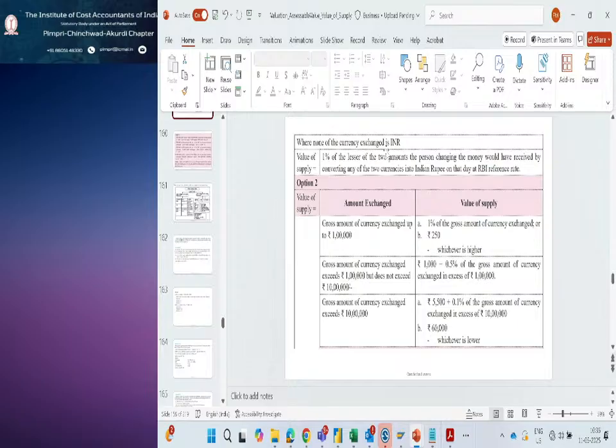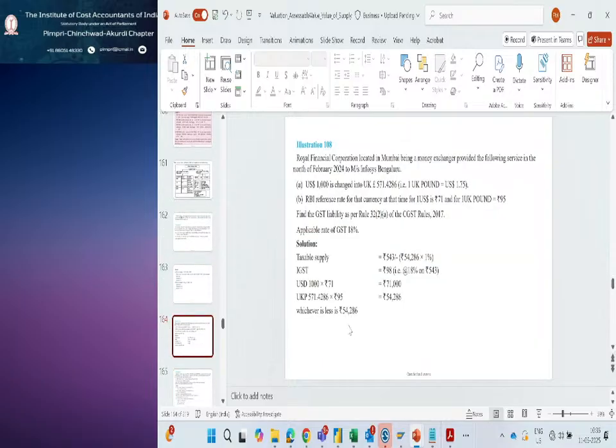The provision says 1% of the lesser of two amounts the person changing the money would have received by converting any of the two currencies into Indian rupees. This is the line which is there. From this it will be very difficult to understand, so I will show you the problem, then you will be able to understand.